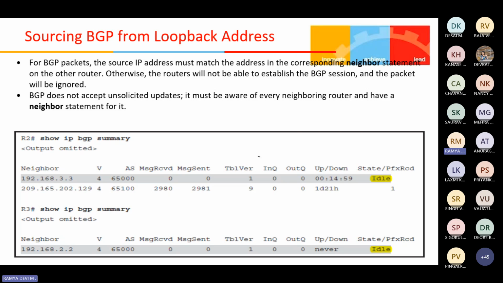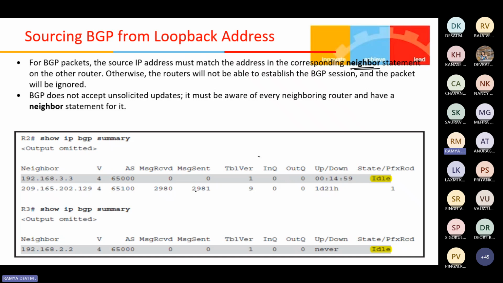BGP only accepts packets from IPs explicitly known as a neighbor. That is mandatory. If the packet comes from a different IP, it will be ignored. That's the reason, without proper configuration, the BGP sessions remain stuck in the idle state.